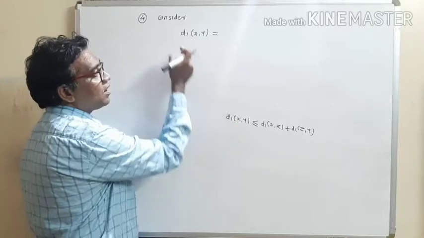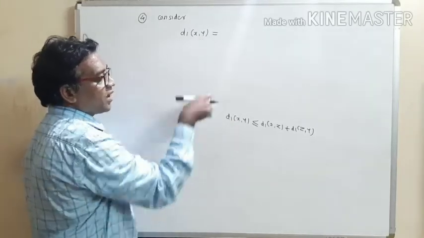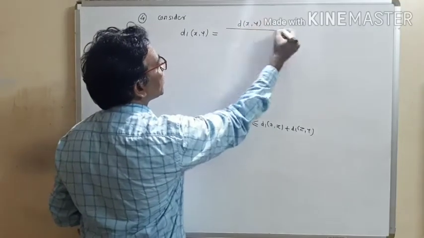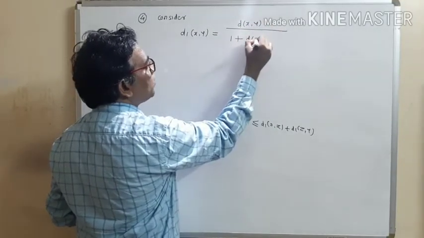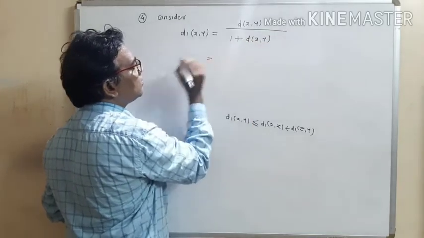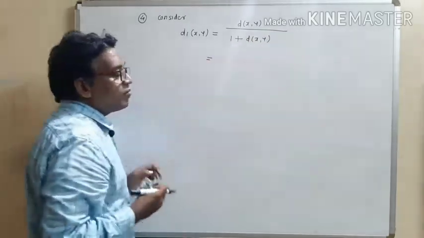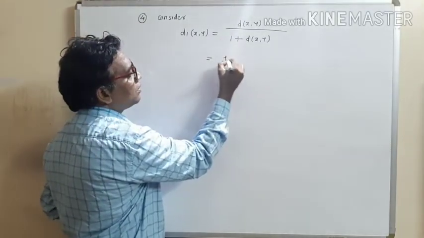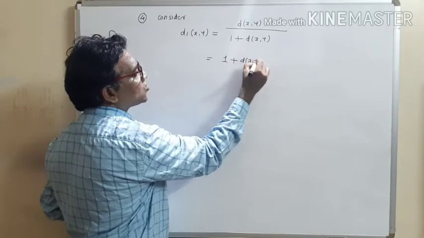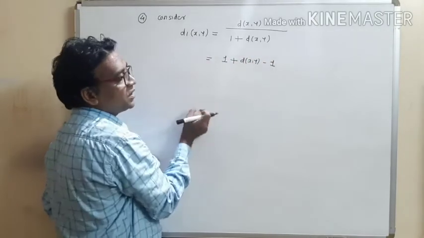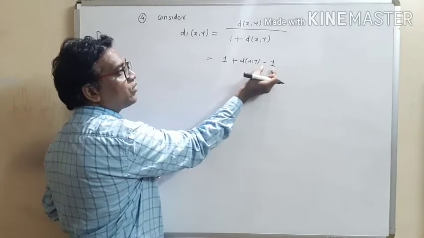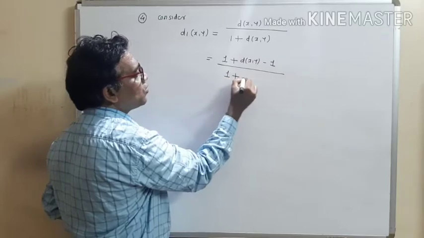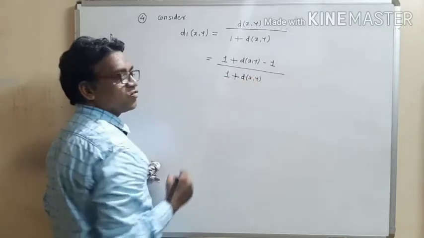So let us consider the left hand side, d1(x,y). This is equal to d(x,y) divided by 1 plus d(x,y). Now this numerator can be written as 1 plus d(x,y) minus 1. Add 1 and subtract 1, that means there is no change in the quantity, divided by the denominator as it is, 1 plus d(x,y).